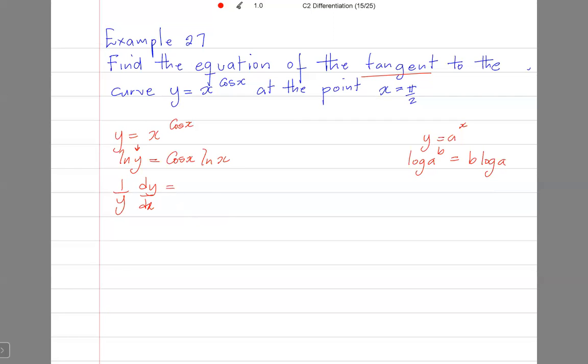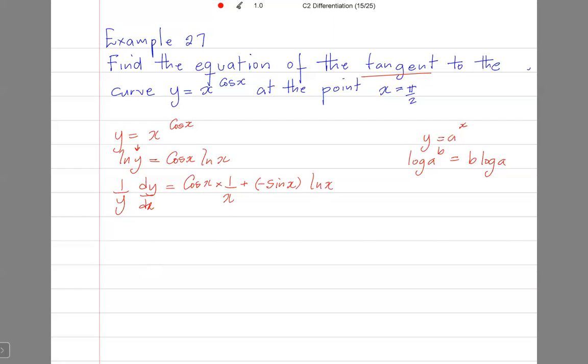That's the left-hand side. On the right, I have a product where I'm multiplying two functions in x. So I'm going to apply the product rule, which is to leave the first, cos x, differentiate the second, ln x, you get 1 over x, plus differentiate the first. When I differentiate cos x, I'm going to get minus sine x. Leave the second, I get ln x.